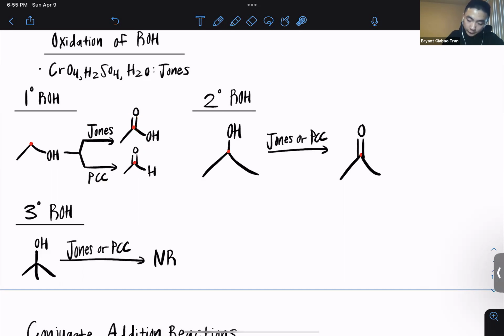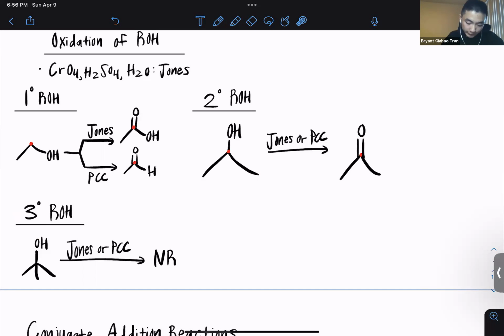1, 2, 3. Now let's move on to the secondary alcohol. If you react this secondary alcohol, which is bonded to a carbon that's bonded to two other carbons, with either Jones or PCC, it wouldn't matter, you are going to get a ketone. Now let's move on to the tertiary alcohol.